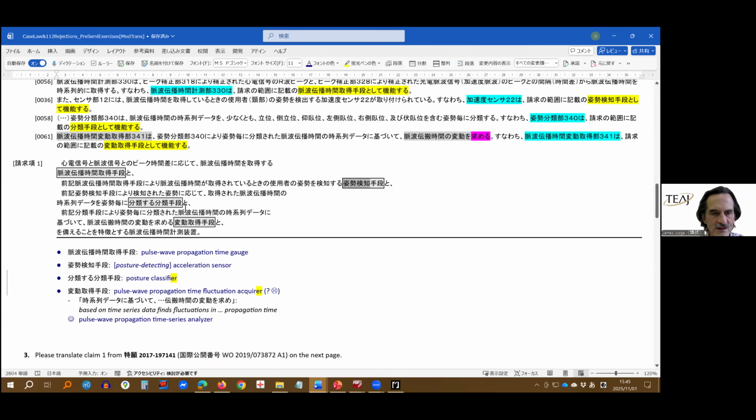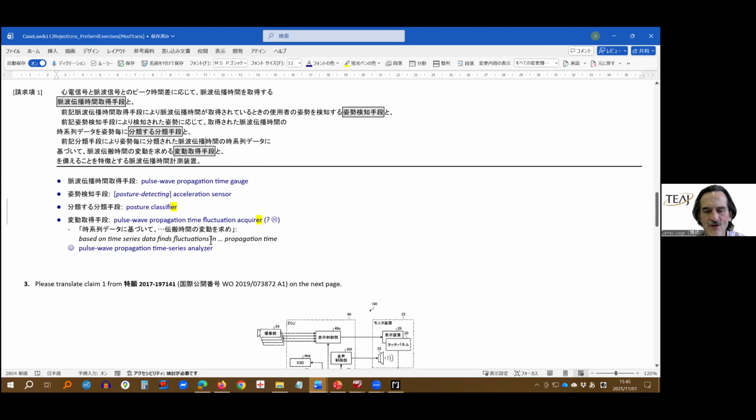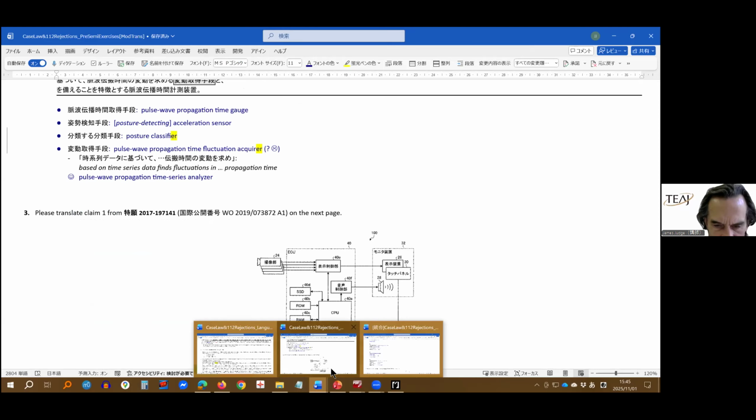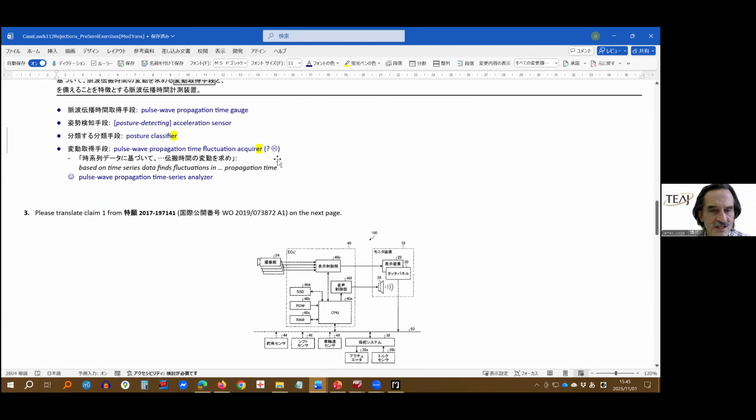This one is okay, but of the Bunri Shudan and the Hendo Shutoku Shudan, there's no English word trick that can overcome that interpretation. Okay, I want to be mindful of time here.